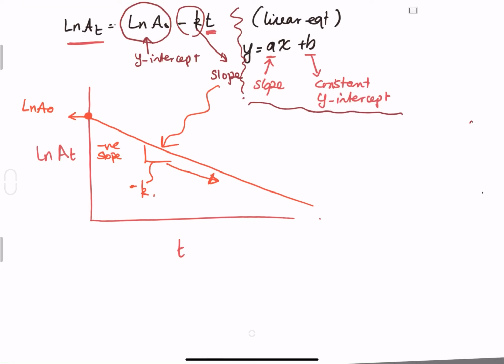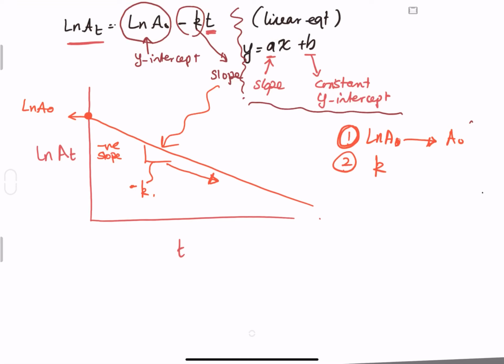Minus k. So from this equation, we were able to determine ln A naught, from which we can determine the initial amount of the drug by taking the anti-ln, and we can determine from the slope k, which is the first order rate constant.